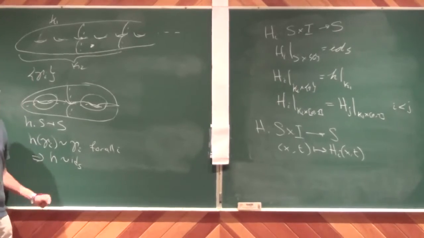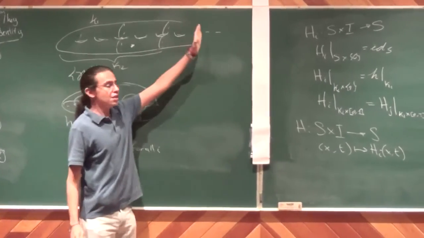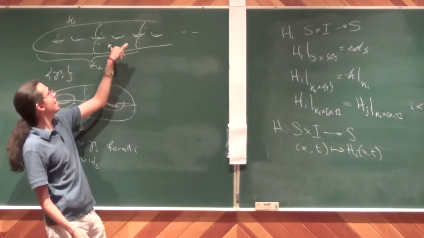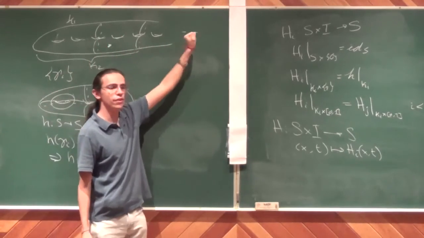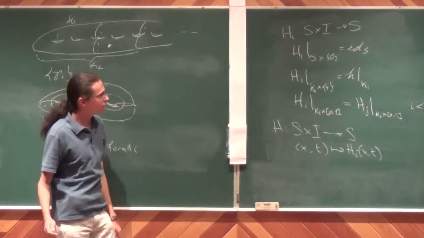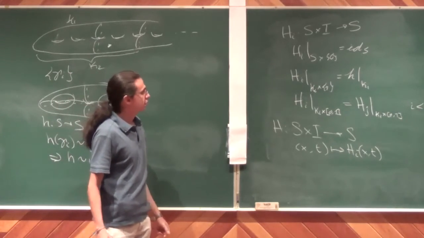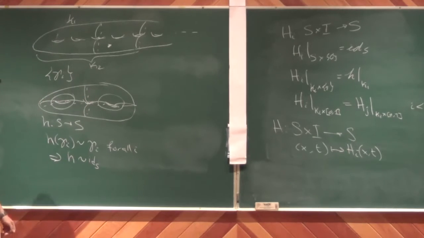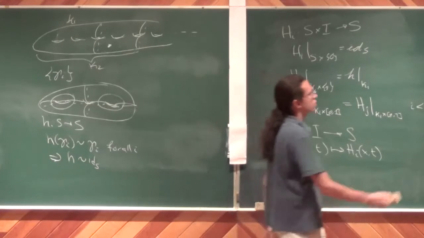So we use a big enough index so that x is in the interior of K_i. Okay? So that was our first result, something along the lines of an analogous result for Alexander's lemma.